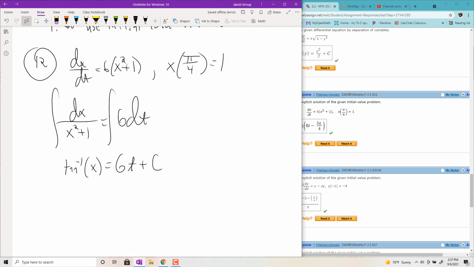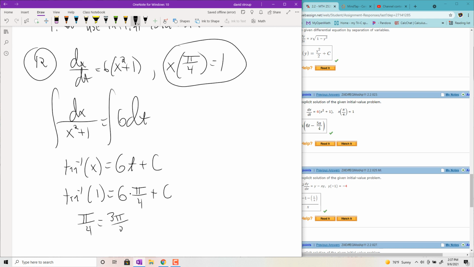And now you just use the initial condition up here to solve for c. So plugging in 1 for x, I get tan inverse of 1 on one side, and on the other side, pi over 4 for t, 6 times pi over 4, plus c. Tan inverse of 1 is pi over 4.